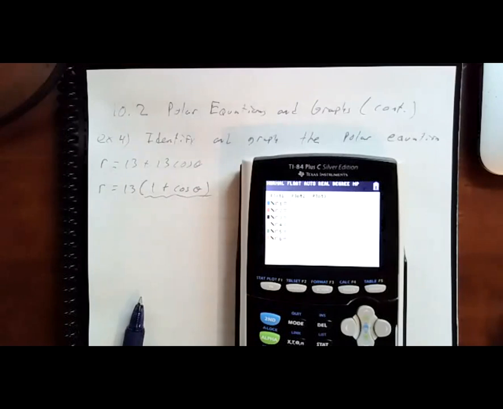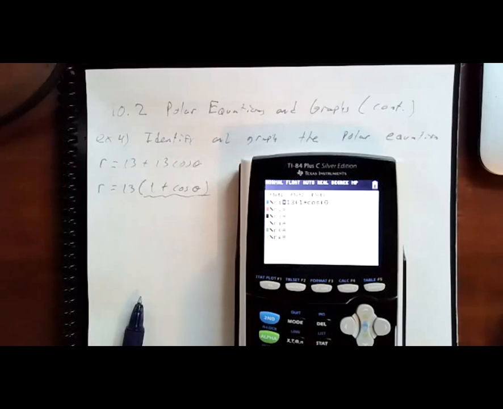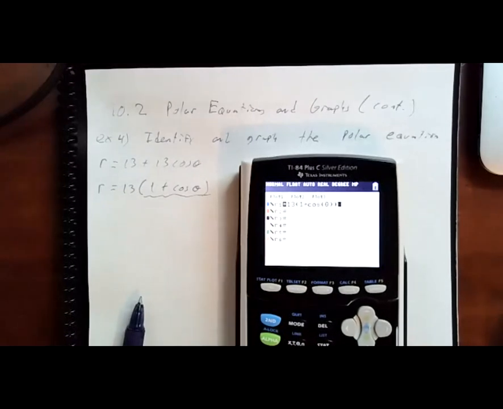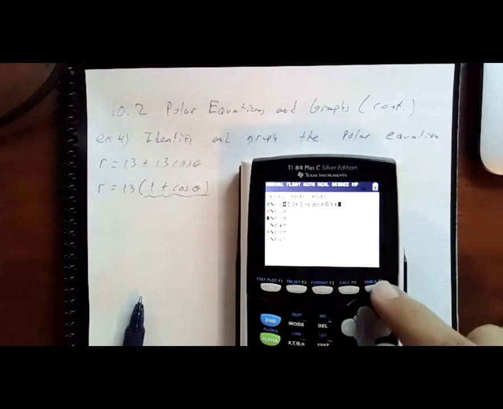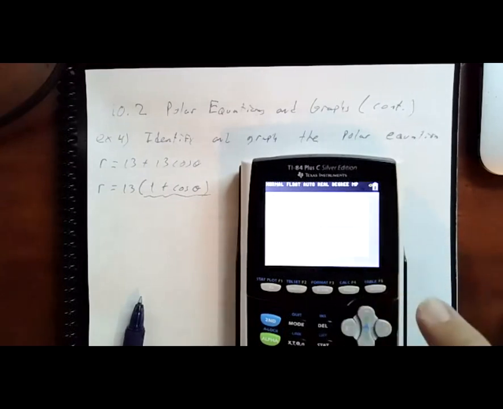So 13. So the POL, right, for polar? Yes, that's the one. Okay. So when you hit X, it's now a theta. You see that? Can you guys see the screen or no? Is that blurry? So when you hit graph, you'll see the cardioid that goes through the pole.